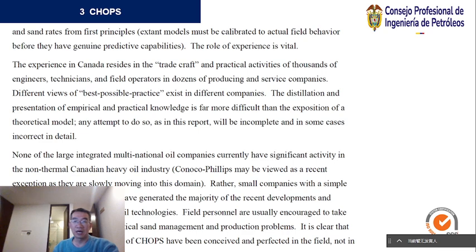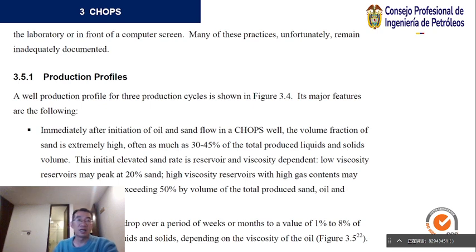Field personnel are usually encouraged to take the initiative in addressing practical sand management and production problems. It is clear that the day-to-day practical aspects of CHOPS have been conceived and perfected in the field, not in the laboratory or in front of a computer screen. Many of these practices unfortunately remain inadequately documented.